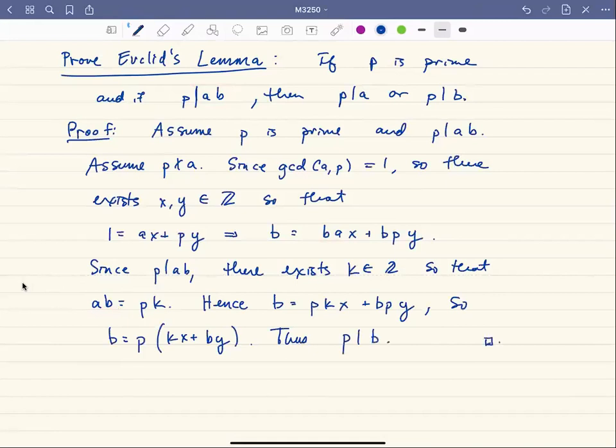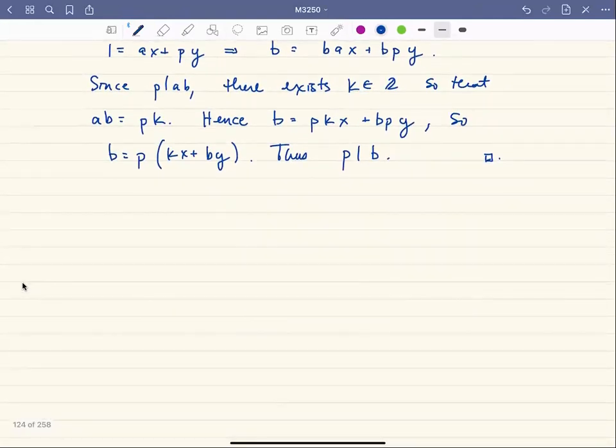And so this proof is really aided by the fact that you can come up with these Bezout coefficients, and that turned out to be very crucial and very useful. You can take this one step further if you'd like. I'll leave this to you as an exercise. I leave it as an exercise in the book, but you can generalize this argument just a little bit, and I'll show you how.